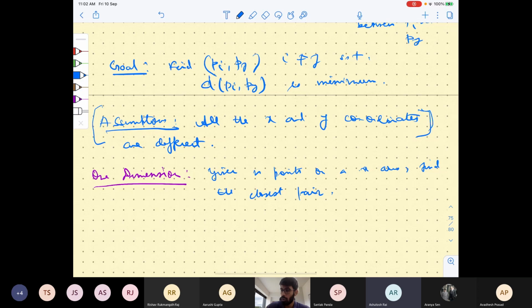Brute force, you take every pair and find their distance, which will take n square time. How can we do faster? We sort the coordinates and then just take the distance between consecutive points. Why? Because the closest points have to be consecutive in one dimension, right?